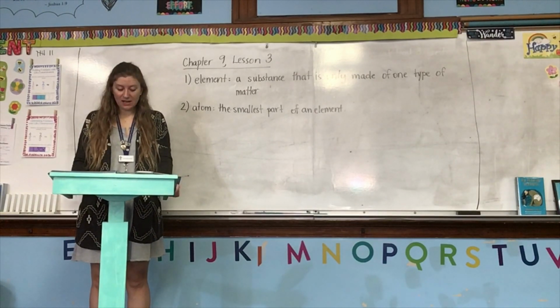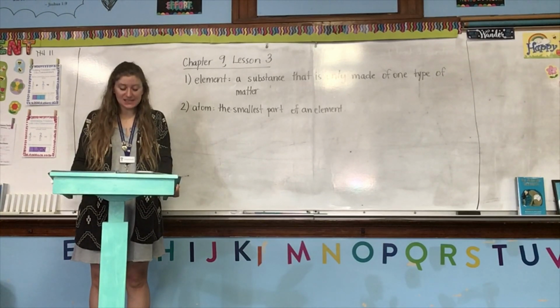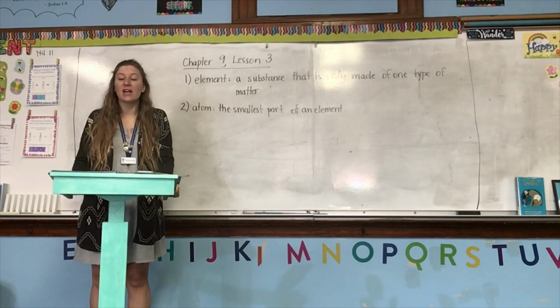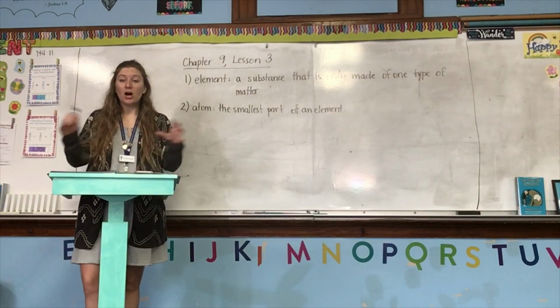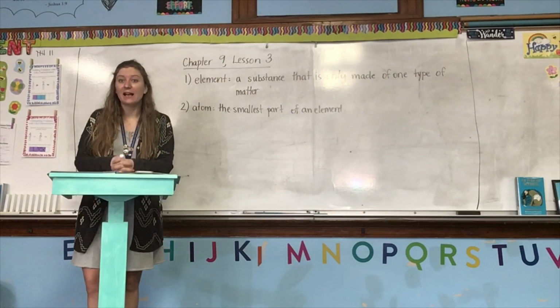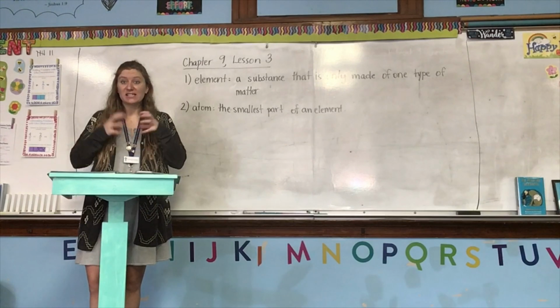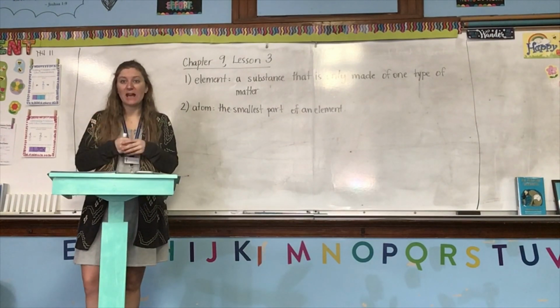All atoms in an element are alike. For instance, all the atoms in copper are copper atoms. They have different properties from the atoms of any other element. So that means when you get to an element, all of the atoms inside that element are all the same. They are atoms for that element.